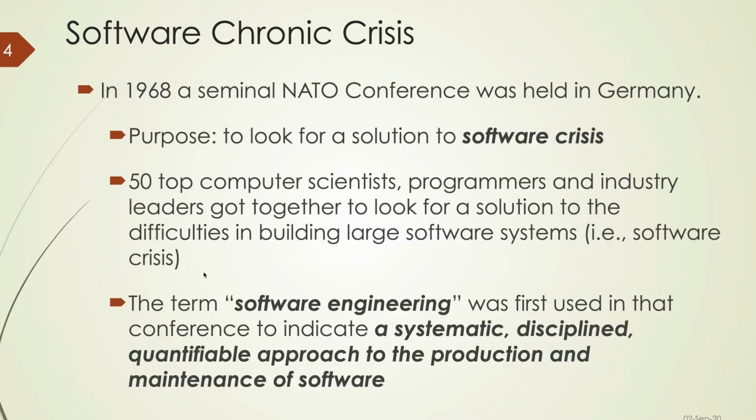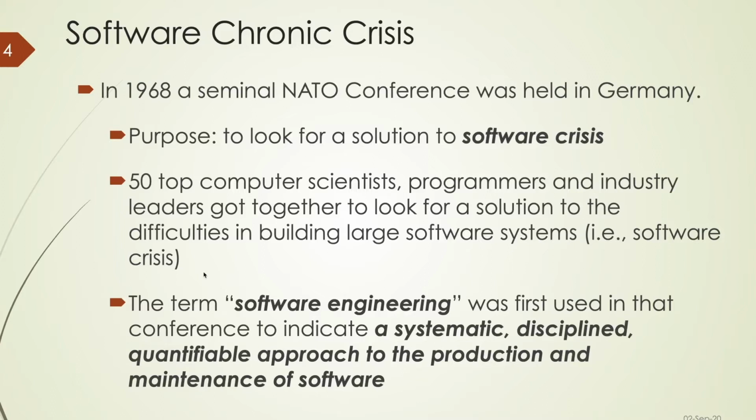Now, 1968 was a seminal year for the NATO conference that was held in Germany, where they looked at the solution to the software crisis. Here, 50 top computer scientists, programmers, and industry leaders got together to look for a solution to the difficulties in building a software system.